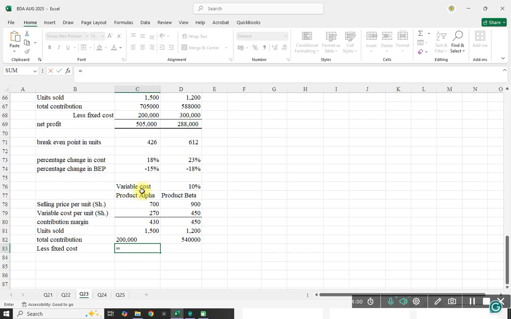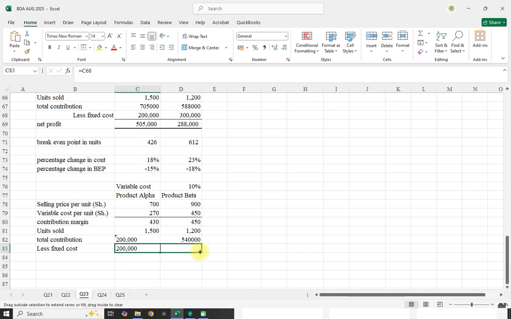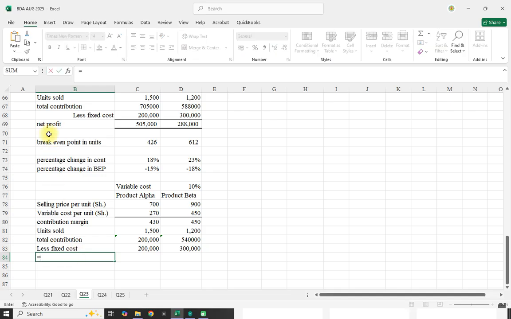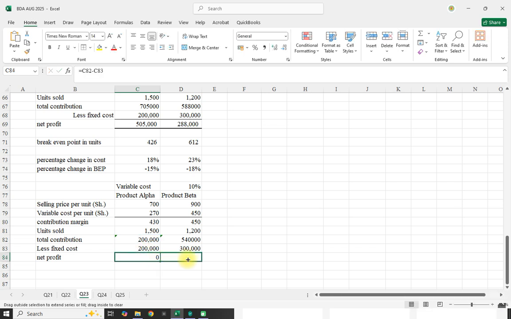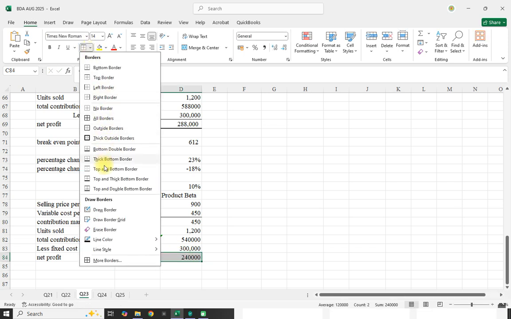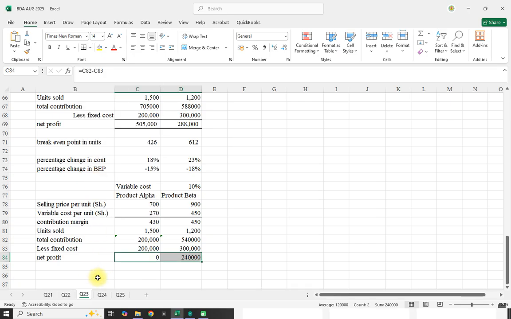So the total contribution, the fixed cost is here, these two, and you get the net profit. This is just a formality, it's not a must to do that, because the sales units will not have an effect.